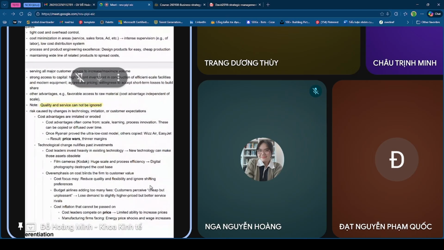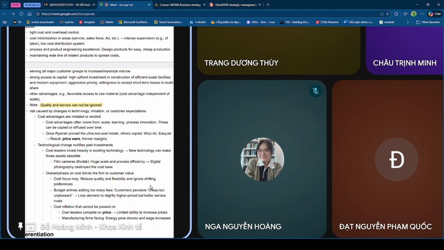And there's one more thing. When you try to reduce the cost, to improve the cost structure, you still have to make sure that your product and your service have acceptable quality. Because when you improve the cost structure, you improve the process by removing some steps from the process. So when you remove some steps, it means some value will be removed. Okay?